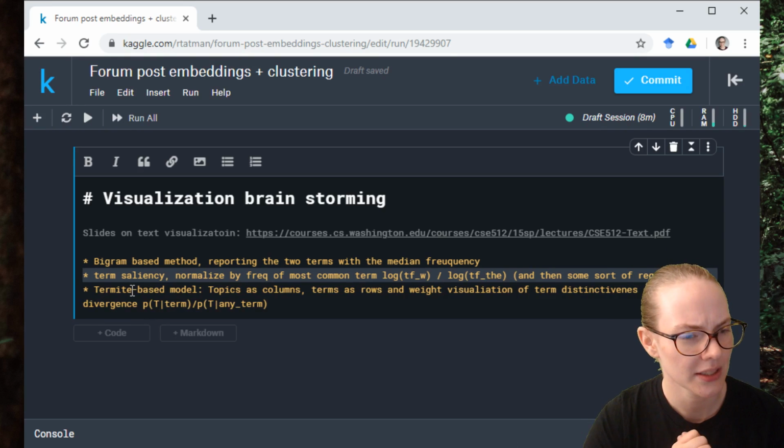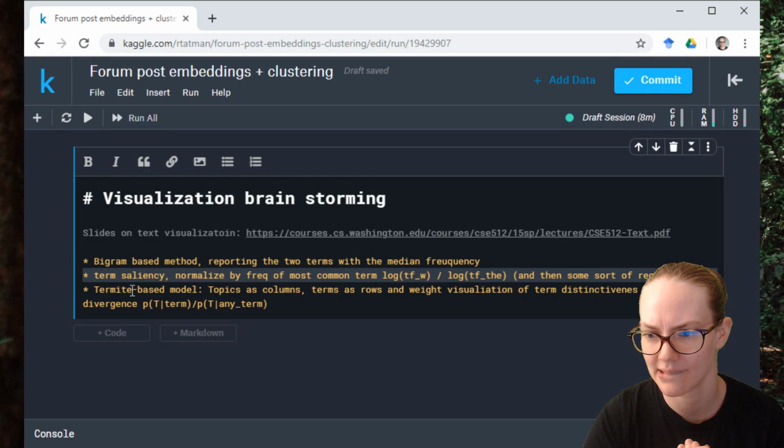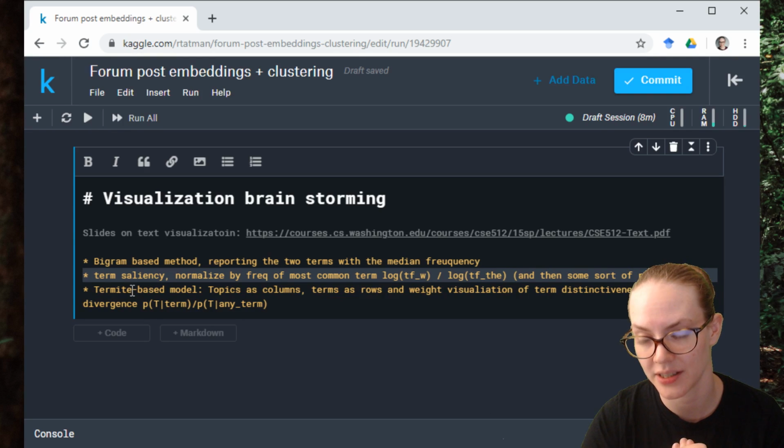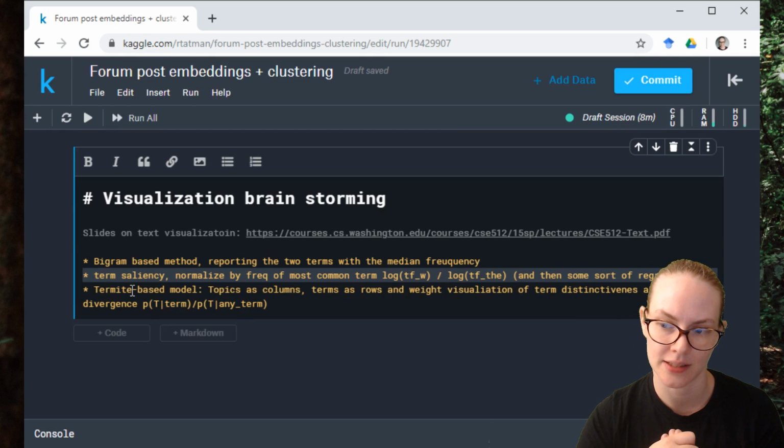I'm thinking here. So the problem with term saliency in particular is that it gives us the saliency of the term in the database and not the saliency of the term in the topic.